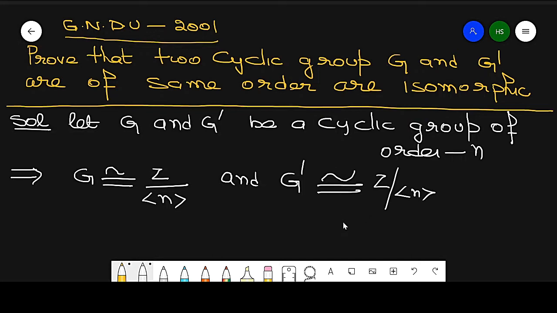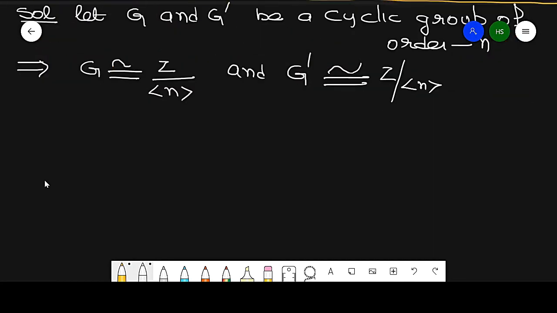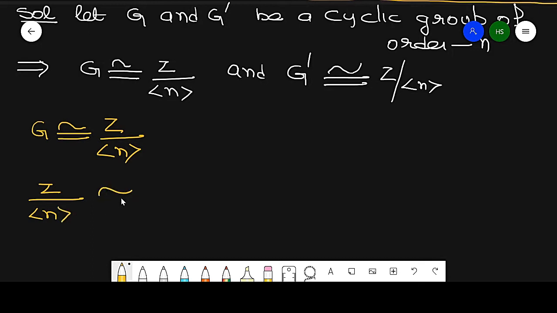Now since isomorphism is an equivalence relation, it holds the reflexive, transitive and symmetric properties. So by using that property we know that G is isomorphic to Z generated by n and Z generated by n is isomorphic to G dash.